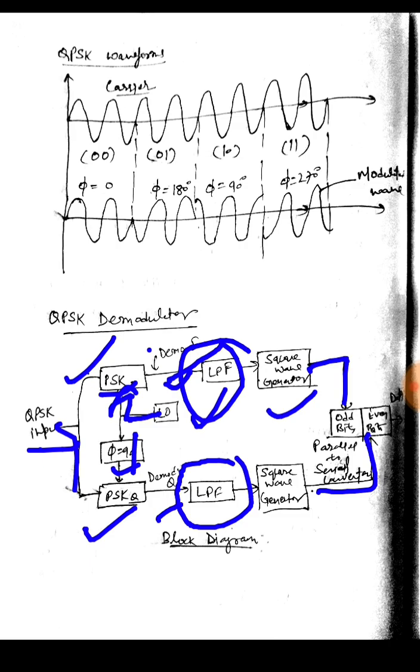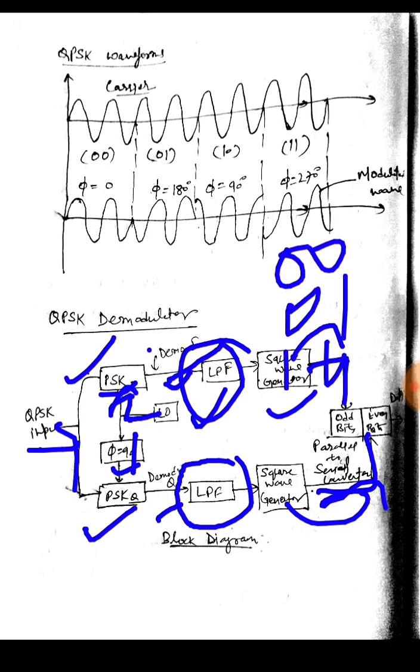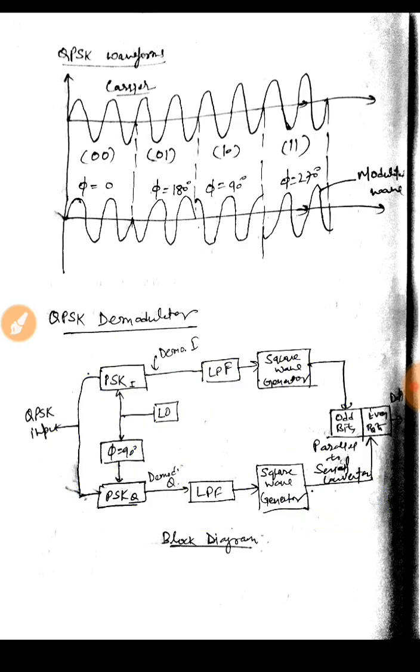Here we will get one bit from this square wave generator and one bit from this square wave generator. So what we can get is 0 0, 0 1, 1 0 or 1 1, depending upon the QPSK input. So using this demodulator we can get our digital data back.